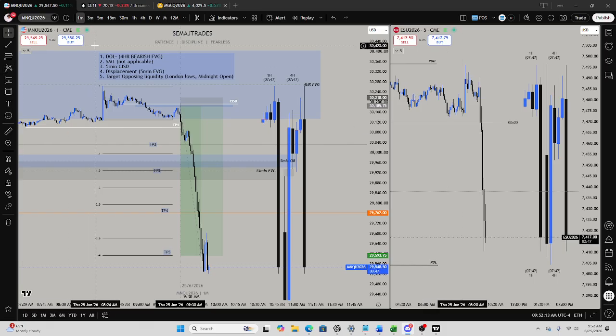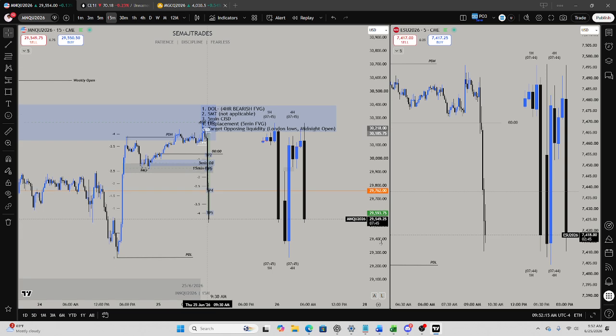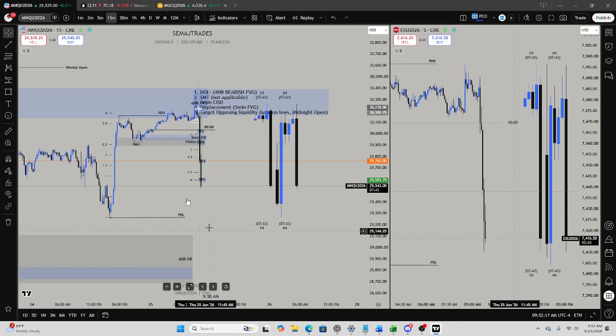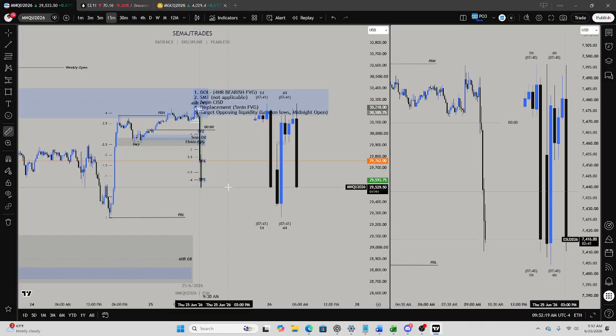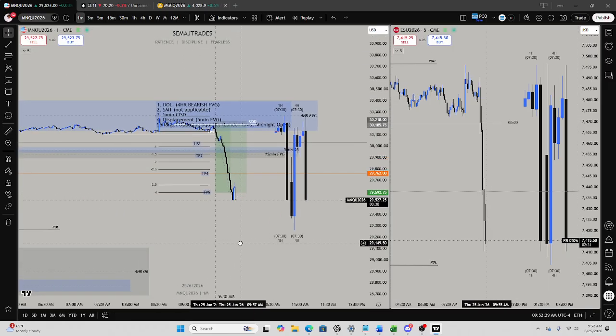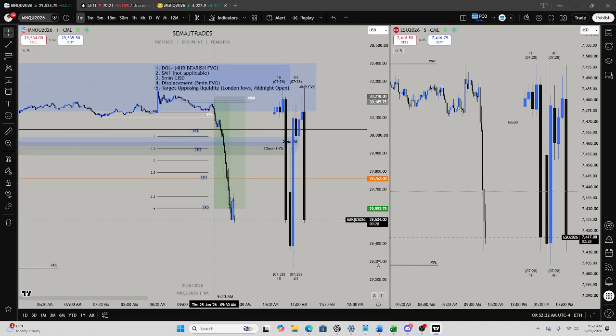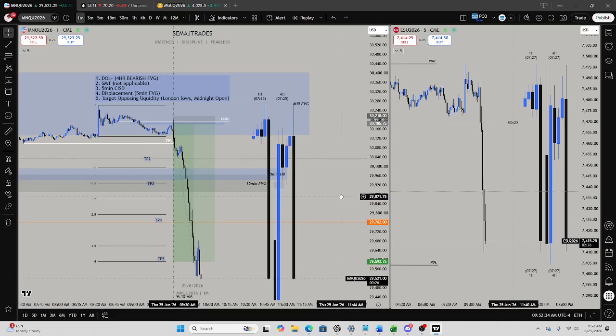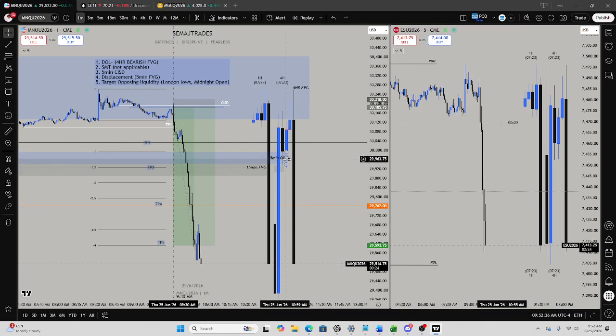I mean, looking at this right now, the only thing I can say is that next target, previous day low, and the way she moving, y'all know she can get there. But everything about this was beautiful, man.